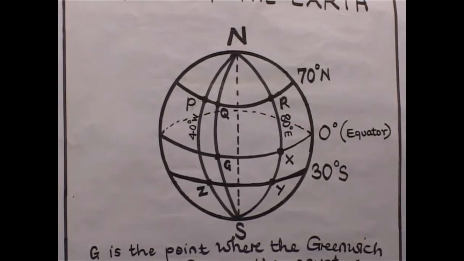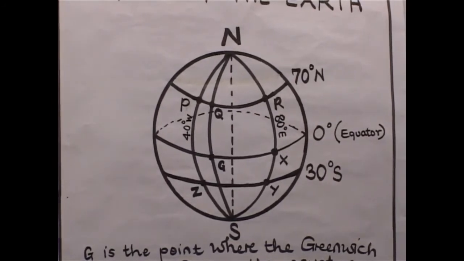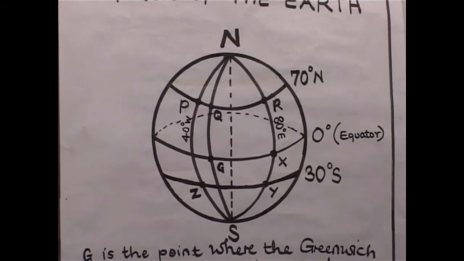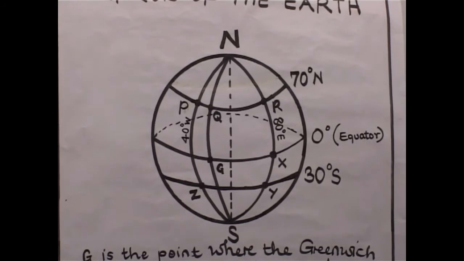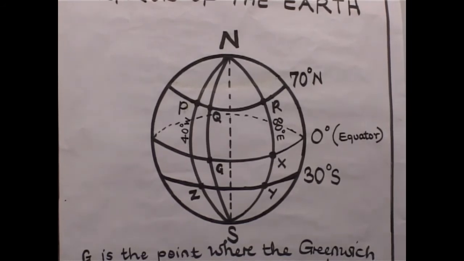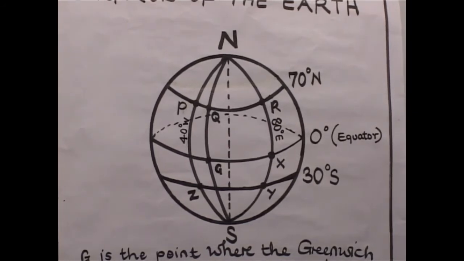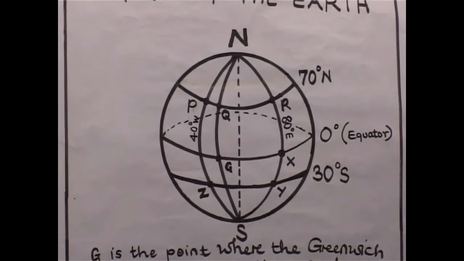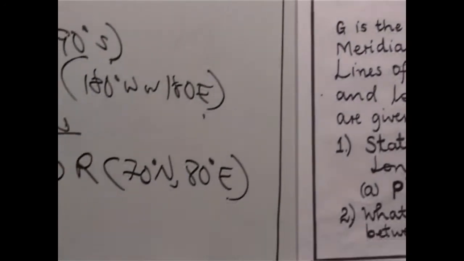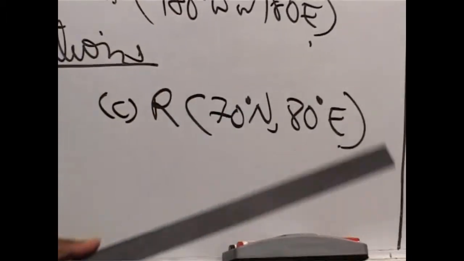So we can simply say that point R lies on 70 degrees north, 80 degrees east. This is how we can locate points on the Earth's surface.